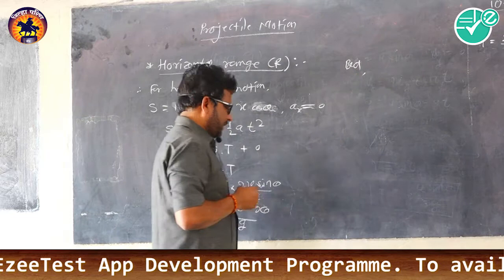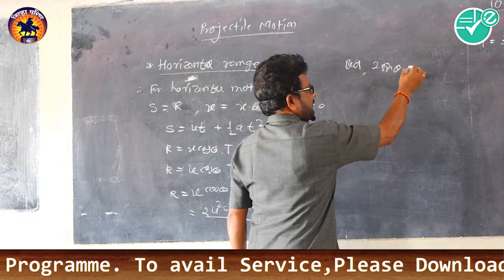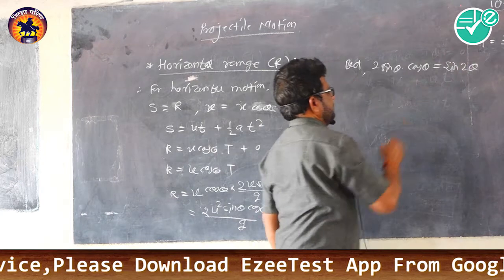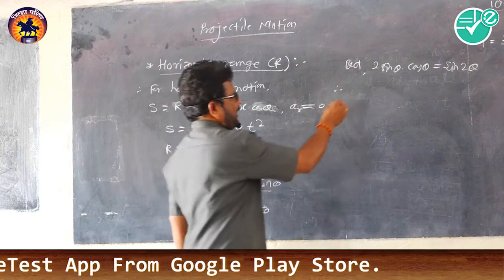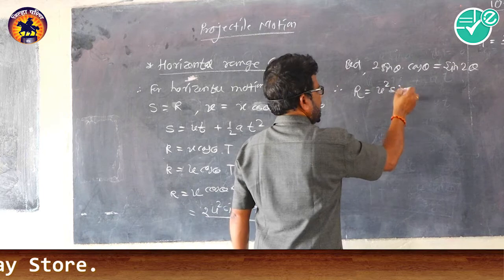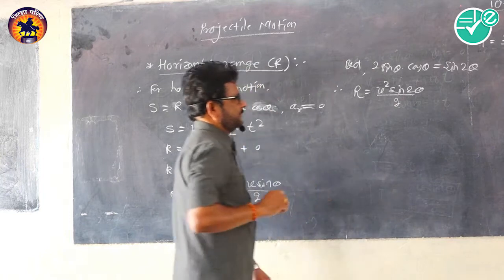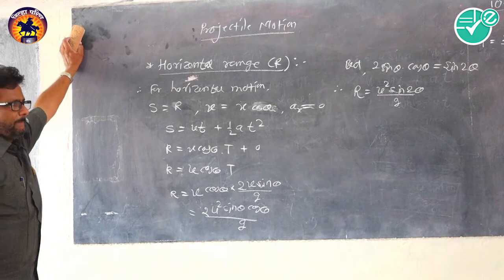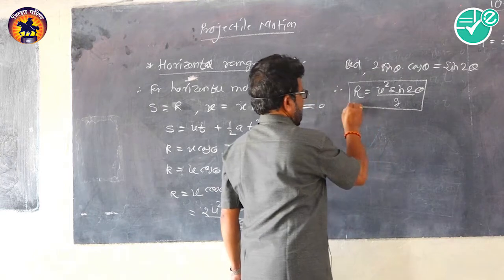But from the trigonometric identity, we know 2 sin theta cos theta is equal to sin 2 theta, and therefore the range of the particle becomes R is equal to u square sin 2 theta upon g. This is the required expression for the range of the particle R.